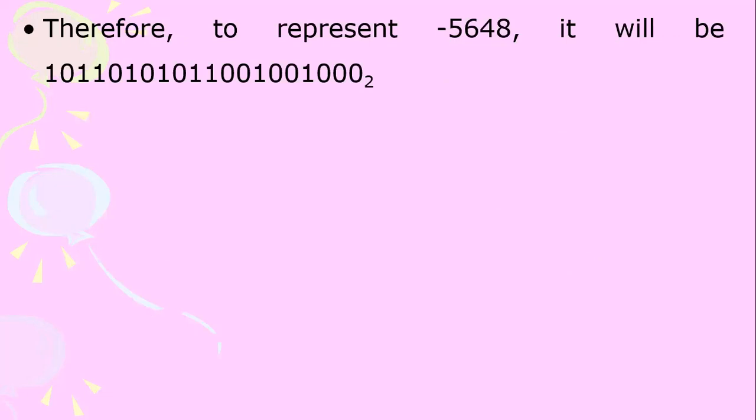Therefore, to represent the number negative 5648, note, I am not saying minus 5648, I am reading it as negative 5648, it will be 1011, where 1011 represents the negative sign.